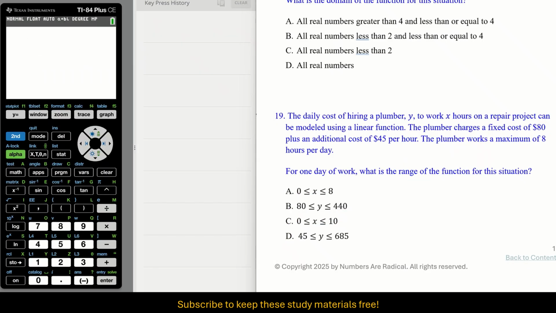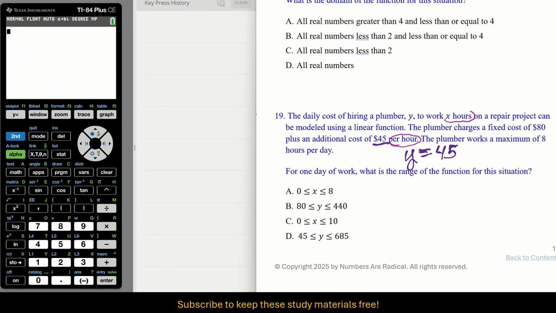Using the TI-84, we need to enter the equation into the calculator. First we build the equation. We have Y equals with a rate of $45, and we know that's our slope because we see this per hour.